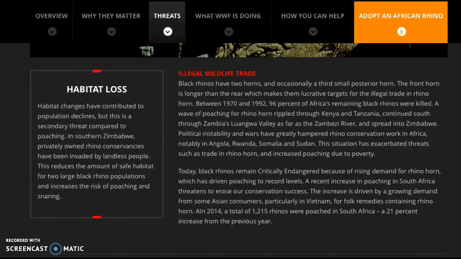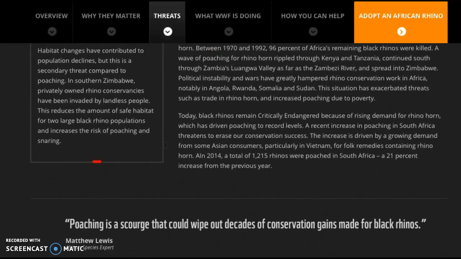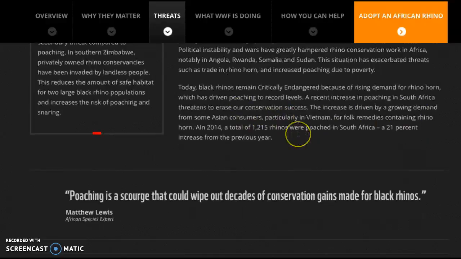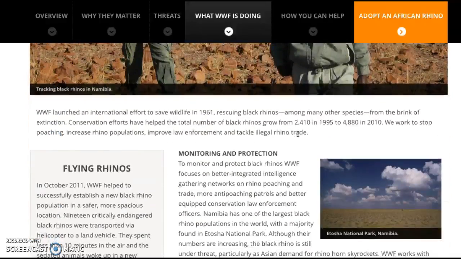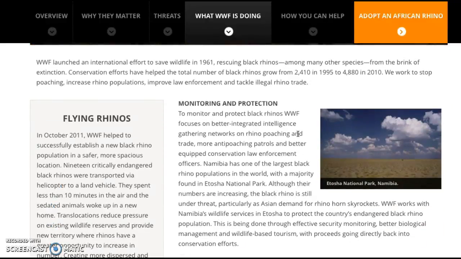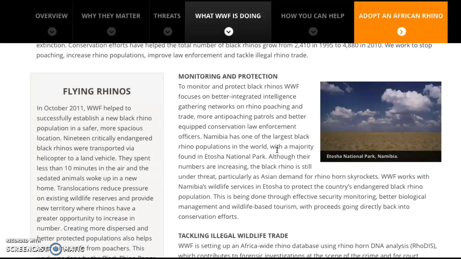And how they became critically endangered, which is an important part of the lesson plan. Like it says right here, the increase is driven by growing demand from Asian consumers. So it's talking about how their horns are really valuable and how that has put them at risk, hammering the point about human interference causing endangerment.